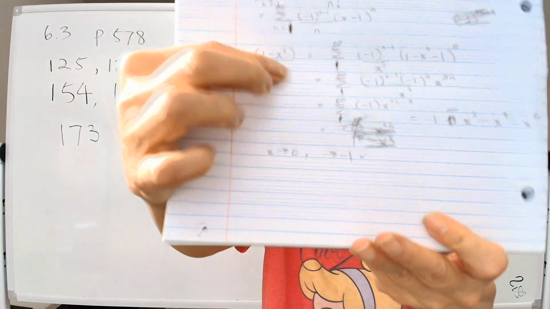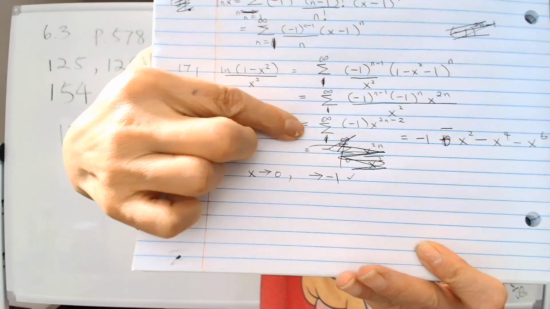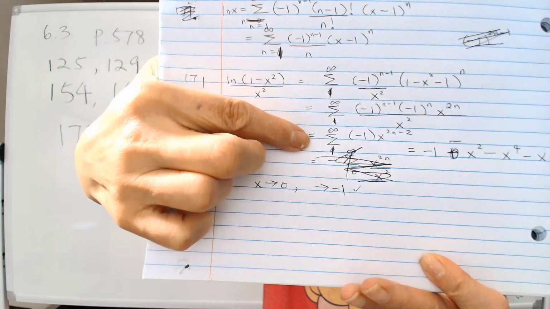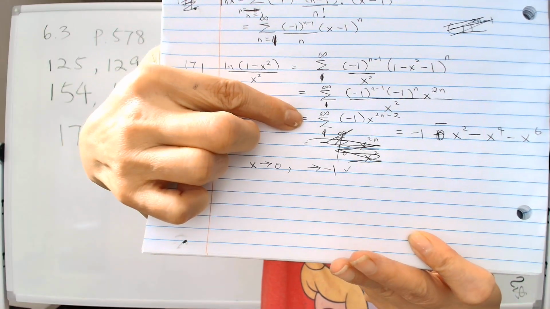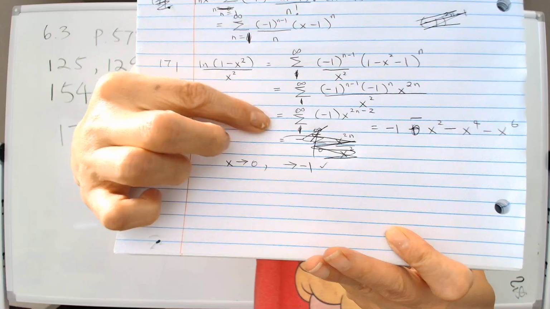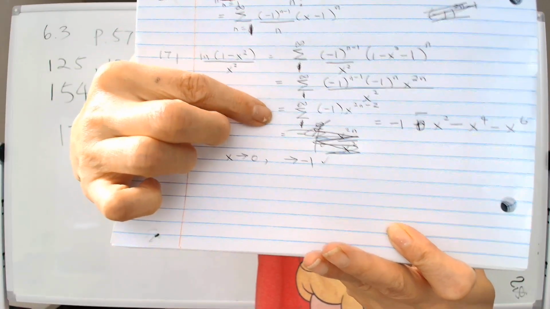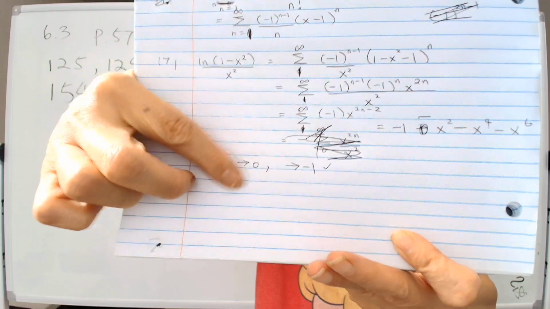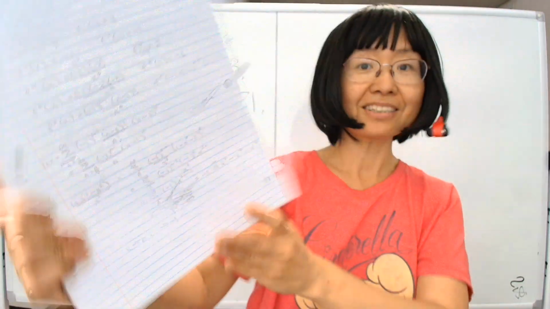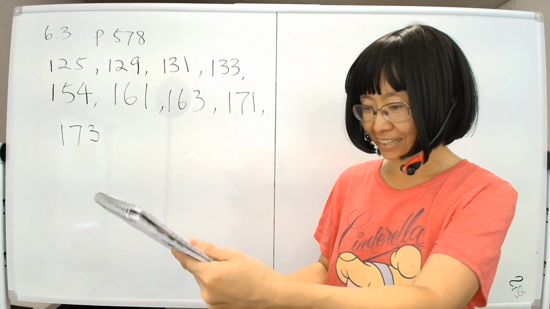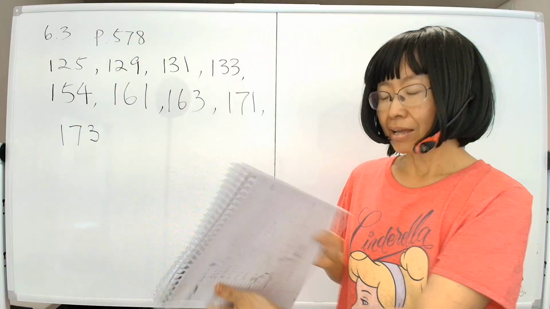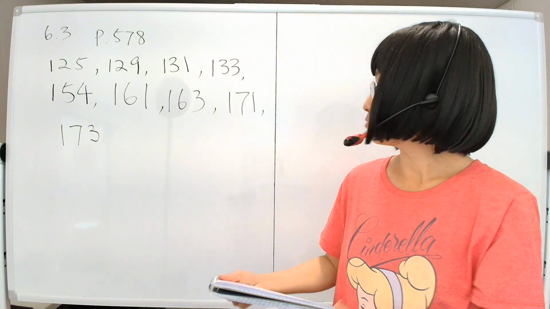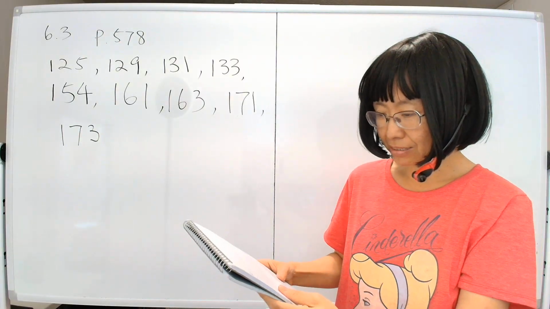So all those minus 1s turn out to be just minus 1. And once you figure that out, then you divide out the x, and then you let x go to 0 in this. You can write out a few terms, just to see what it looks like. If x goes to 0, the only thing you have left is minus 1, which is the right answer. So that's that.